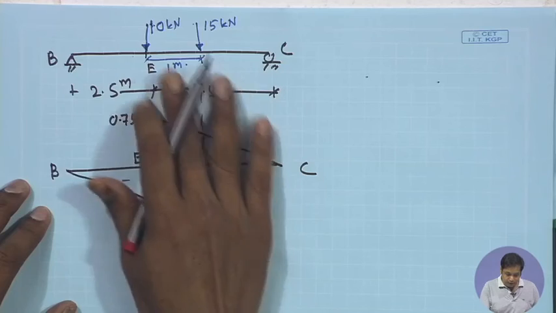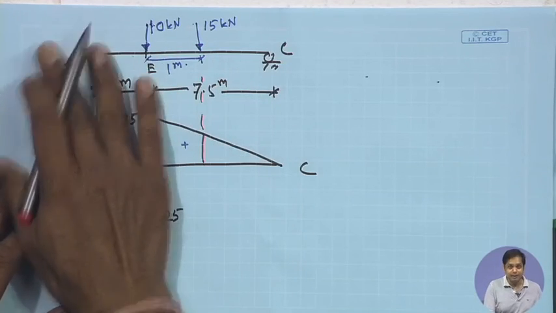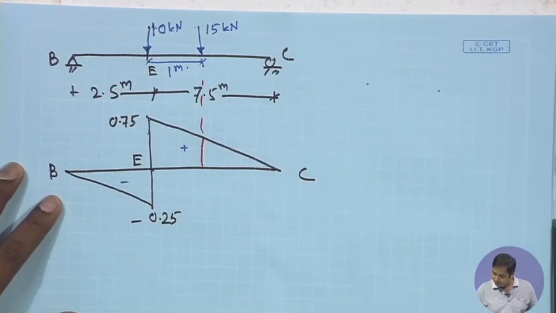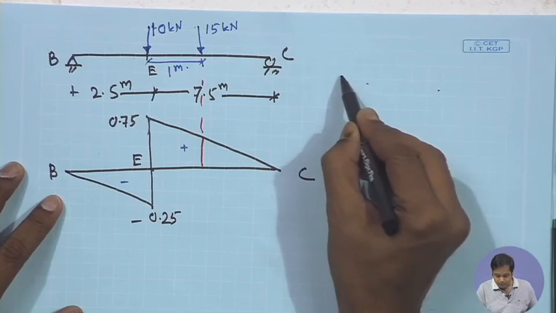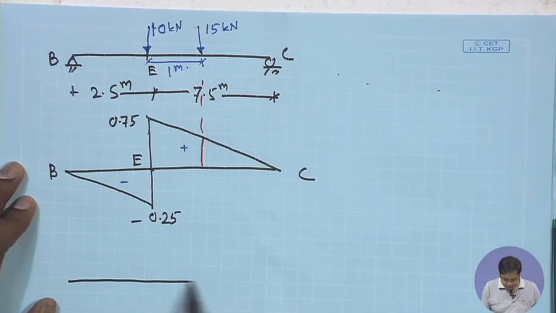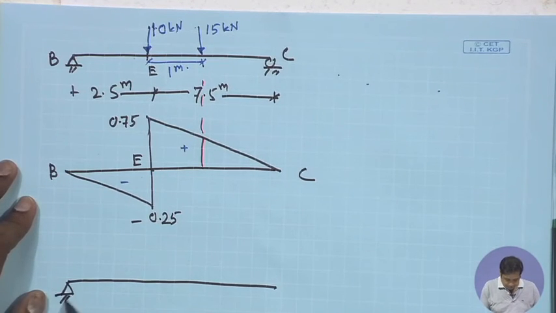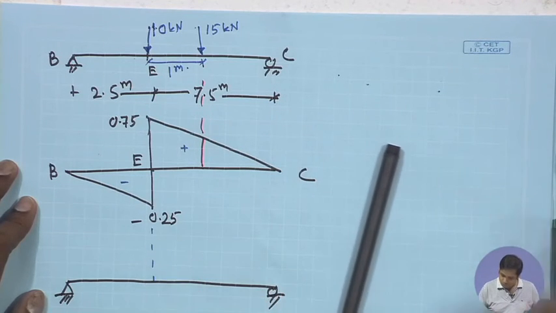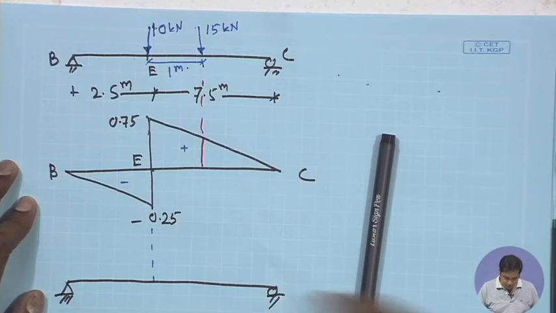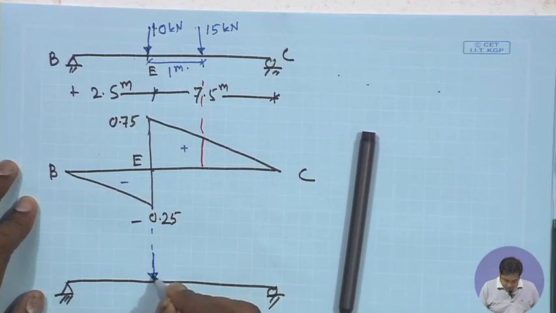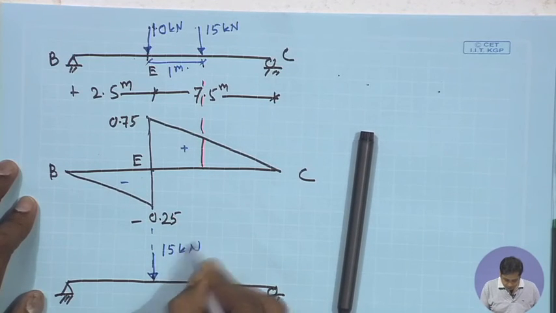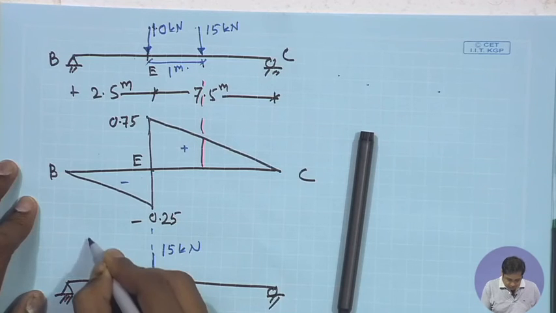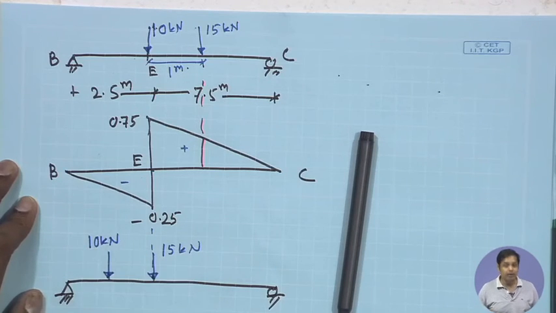So, you get maximum positive shear. Now, if the load slightly moves in this direction and takes a position like this, here it is the 15 kilonewton load, and here it is the 10 kilonewton load.